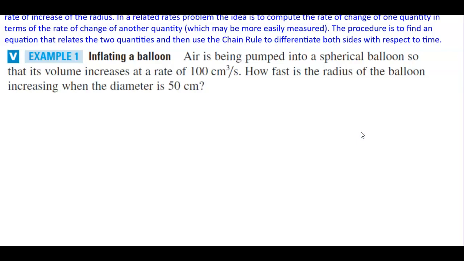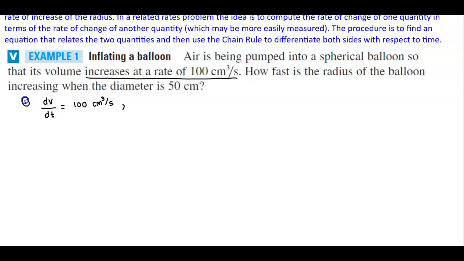Okay, so let's write out the things that we do know. We can see that the volume is increasing at a rate of 100 cubic centimeters per second. So that's dV/dt, since that is the rate, and that's going to equal 100 cubic centimeters per second.